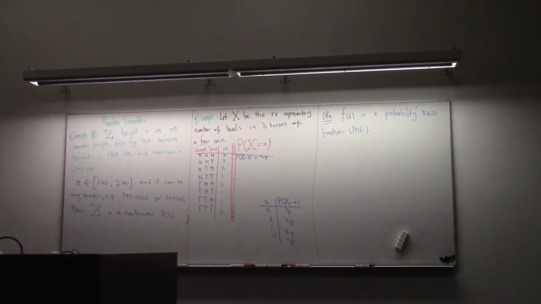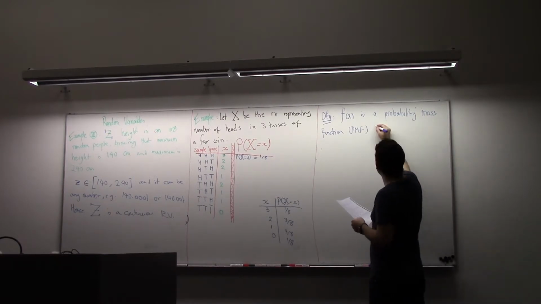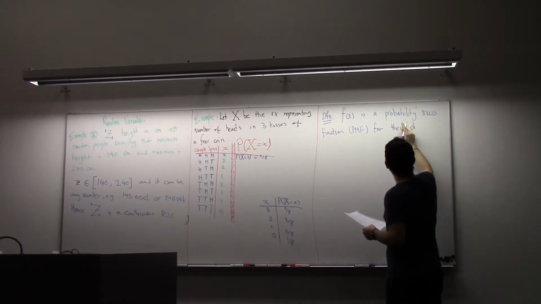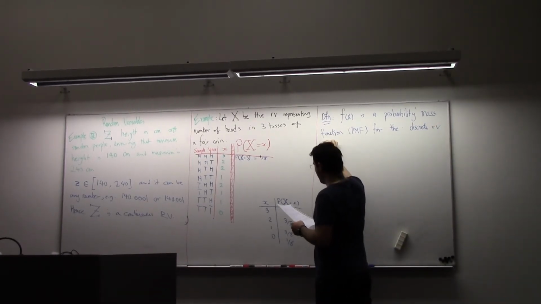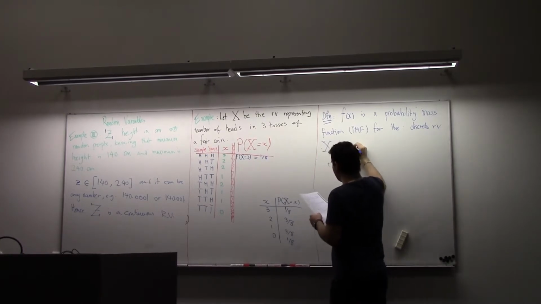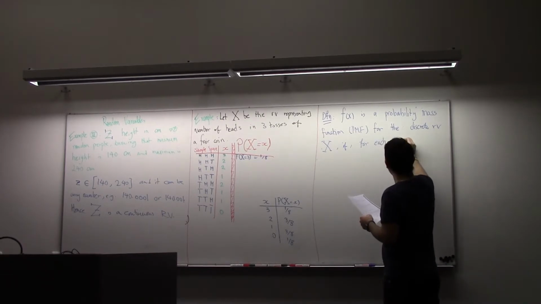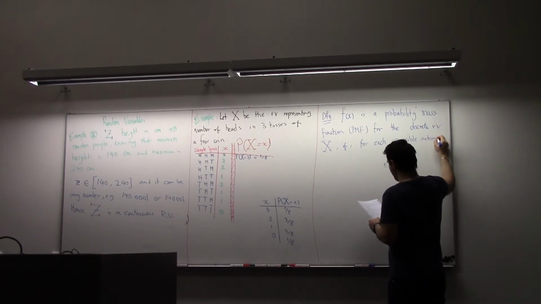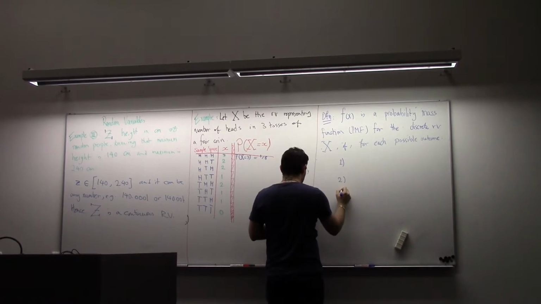Maybe in the previous levels you have seen it. So f is a probability mass function for the discrete random variable X, if for each possible outcome we have these three conditions which need to be satisfied.